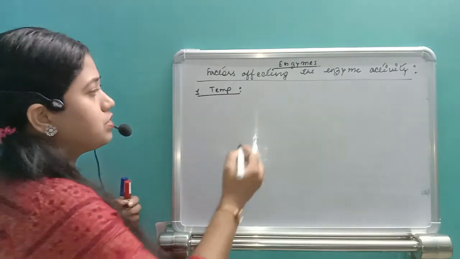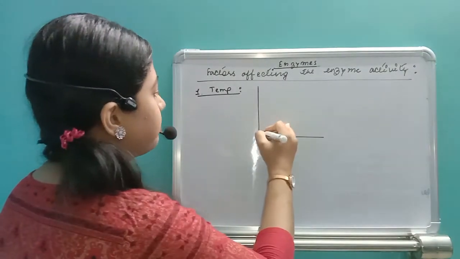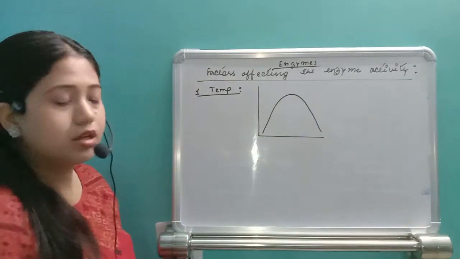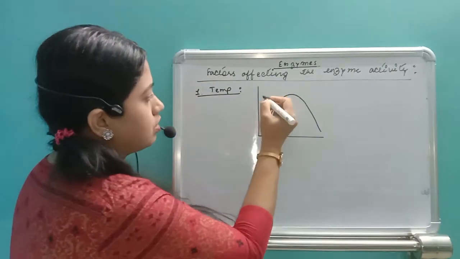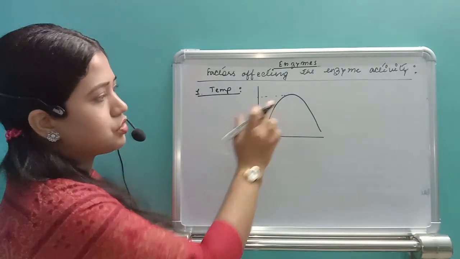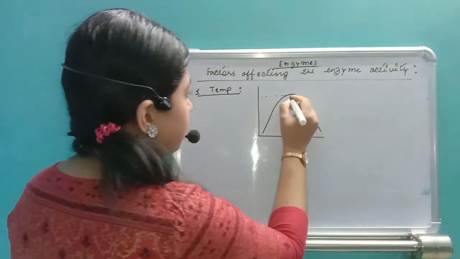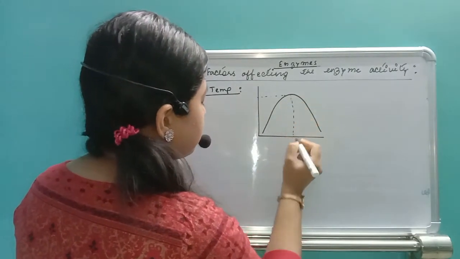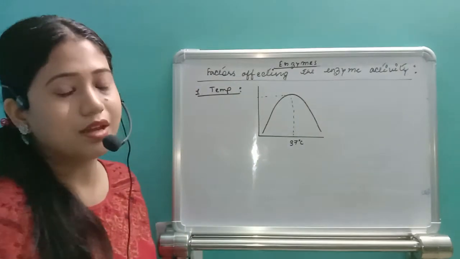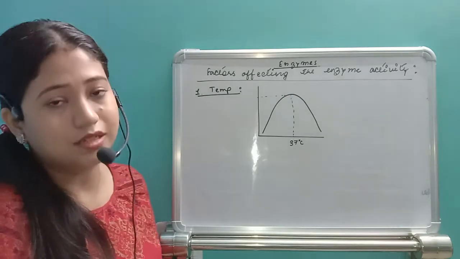If you see this graph, first of all we will see the enzyme activity, how it works. Suppose this is the point where the enzyme shows its maximum activity. Suppose this temperature is 37 degrees Celsius. At 37 degrees Celsius, the enzyme shows its maximum activity.